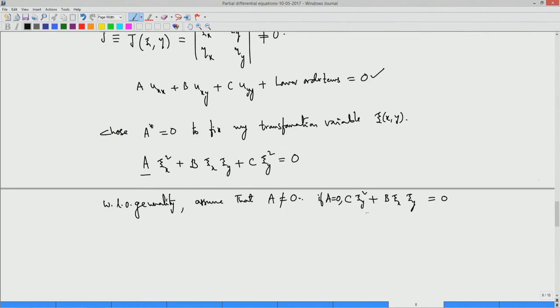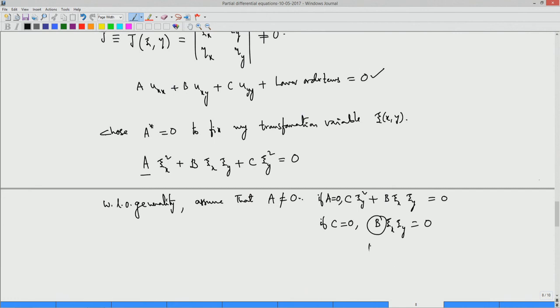If c is also 0, then your equation becomes xi x xi y equal to 0. We know that b cannot be 0, since if b is 0, there is no second order differential equation. So, if a and c are both 0, it is already in canonical form. That is one of the canonical forms.